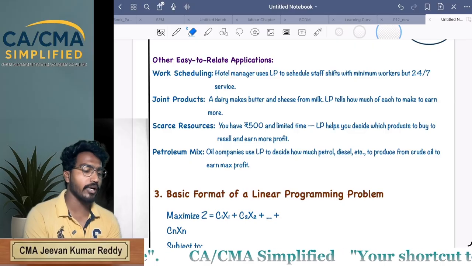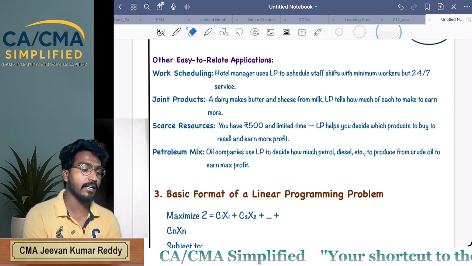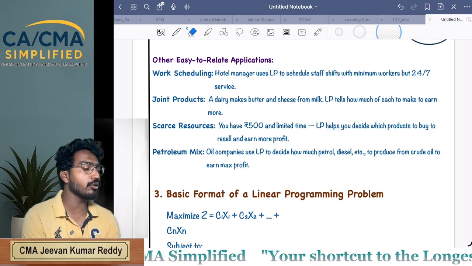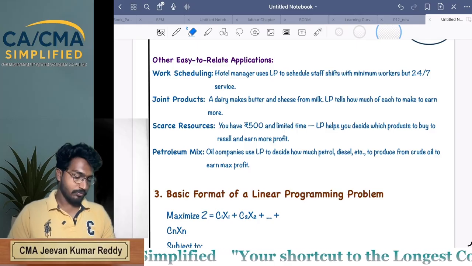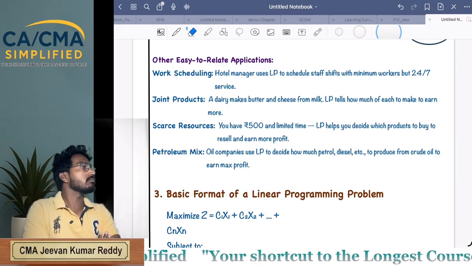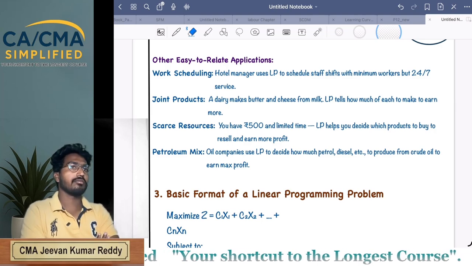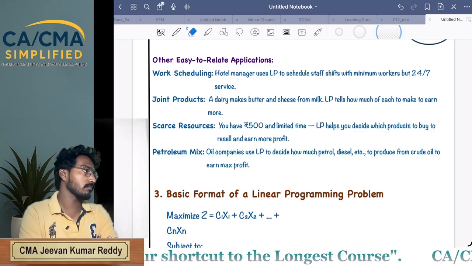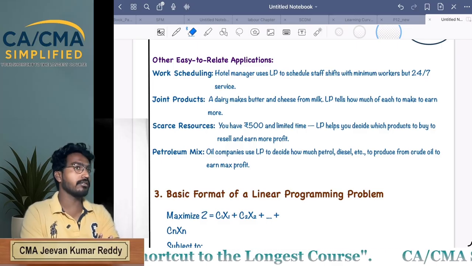Next, joint product. A dairy makes butter and cheese from milk. LP tells how much of each to make to earn more. One dairy is there, Heritage. It is making two products, butter and cheese, by using milk.